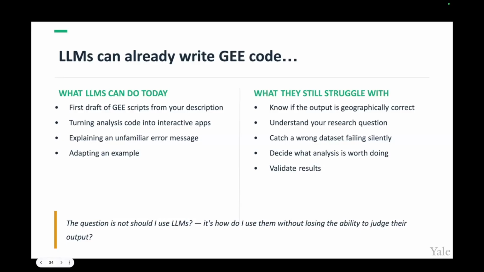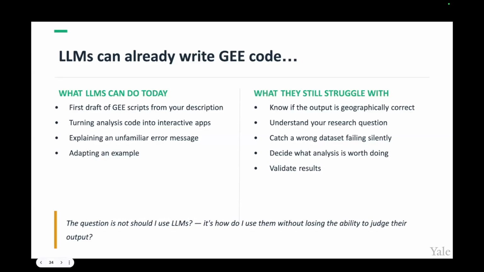Of course, you can always use them as your coding assistant. There is also the other part: you need to think of where they struggle and where you have to utilize your expertise. Knowing that the geographic output is correct, and your research question, these are the things that you still need to hold on to.